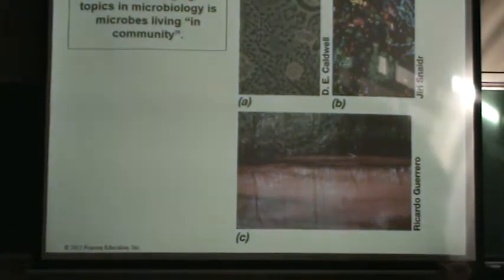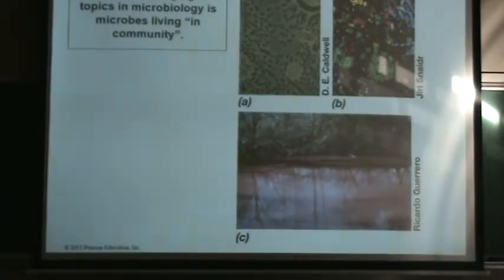Because microbes are so small and numerous and diverse, and they live everywhere, they are always in some kind of community. They might be in a community with other microbes just like them. They might be in communities where they're mixed together with other microbes. They might be in communities with big organisms like us.